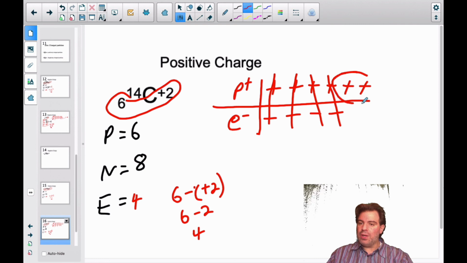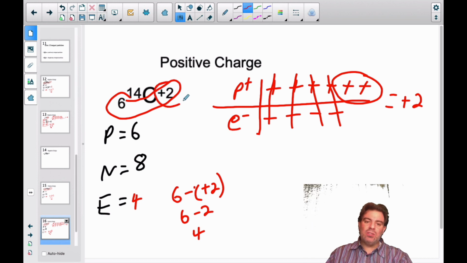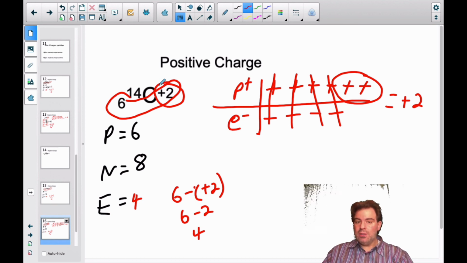What are we left with, guys? We are left with an excess of +2 charge, and that's where our charge comes from. So once again, with anions, because they're negative, you have an excess of negative electrons, and with cations, as you can see right here, you have an excess of positive protons. That's what makes it positive.